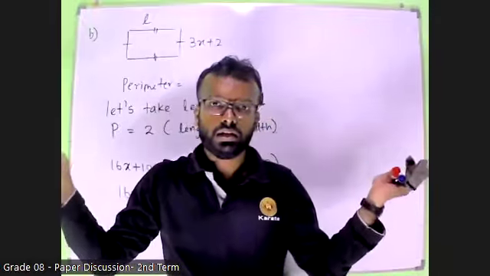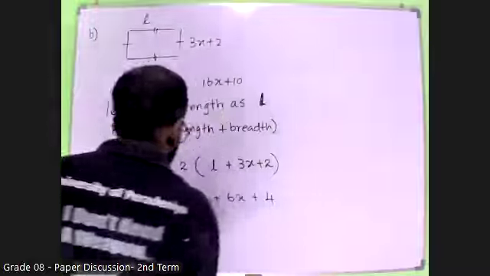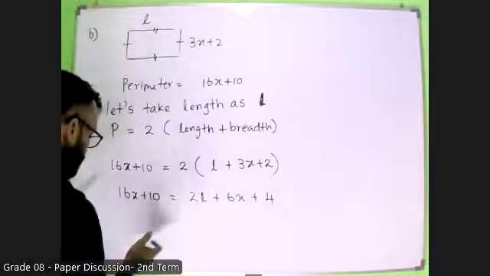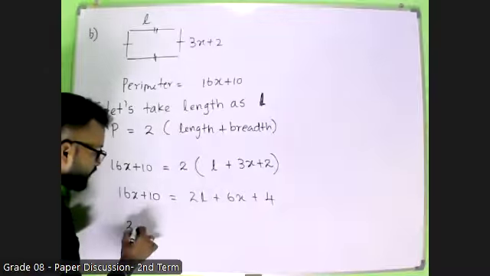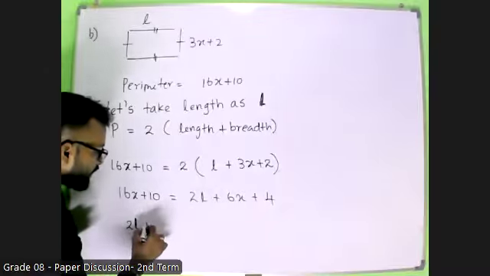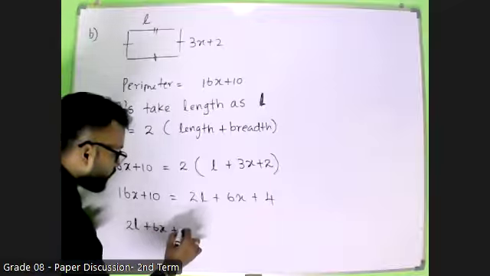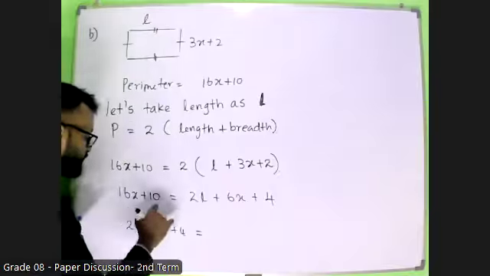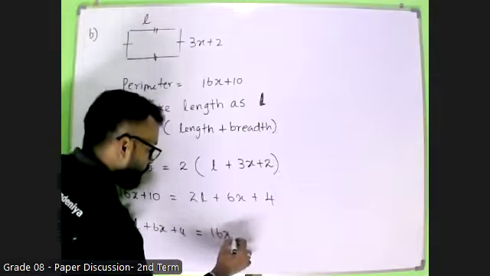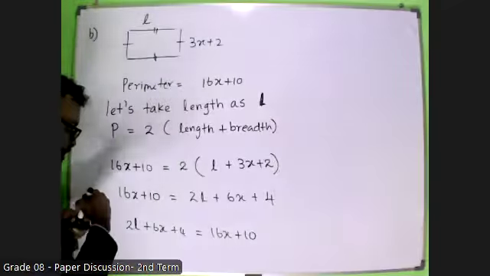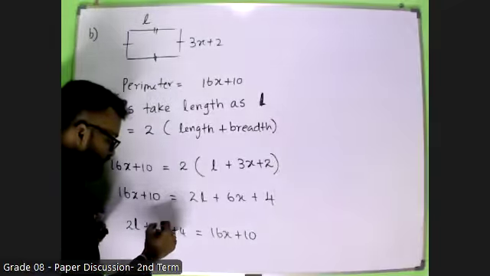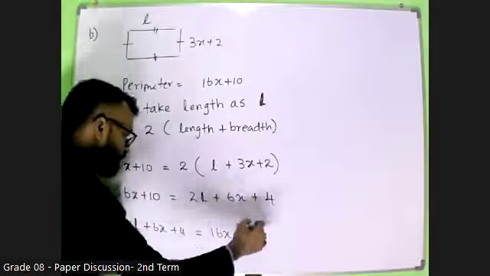Nothing happened. So I will write this here, because I need to isolate L: 6x plus 4 equals 16x plus 10. Very easy. Now I have to take 6x to this side, 4 to this side.